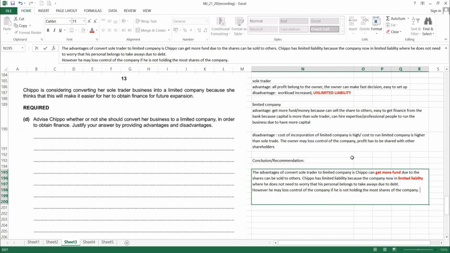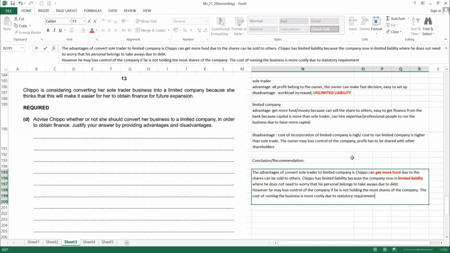What else can you talk about? Okay, the cost of running. The cost of running the business is more costly due to statutory requirements.